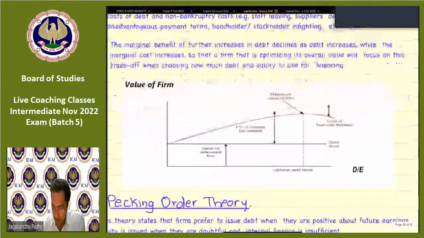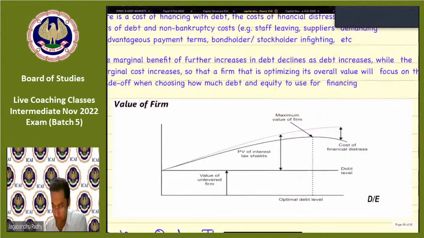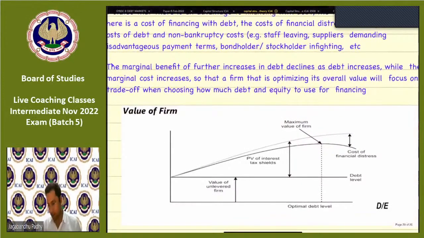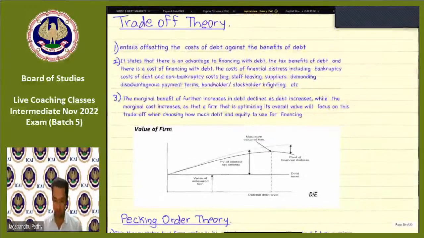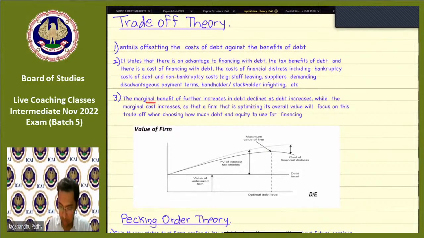But as and when you take more and more debt, that benefit starts declining, right? So marginal benefit of further increases in debt declines as the debt increases while the marginal cost increases.